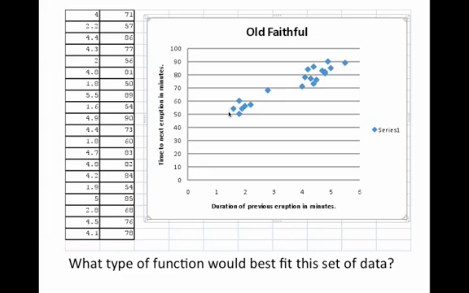It should be pointed out here that if you look over here in the table, our data is not even a function, as is frequently the case with dirty data. You'll notice that right here, 4.4 has an output of 86, and down here, when it was measured on another eruption, 4.4 has a different output of 73.